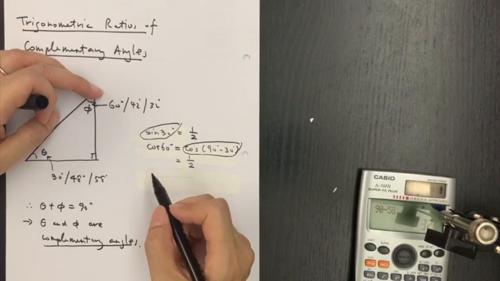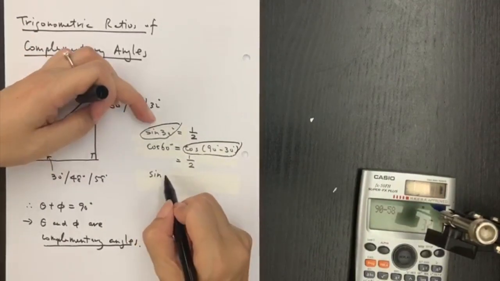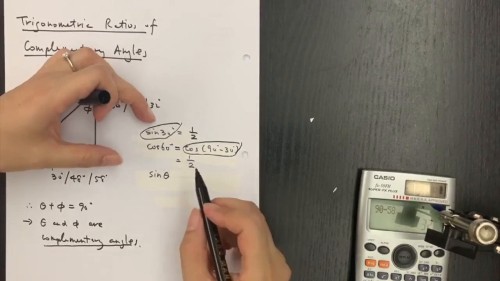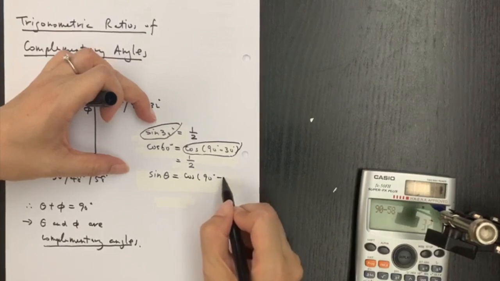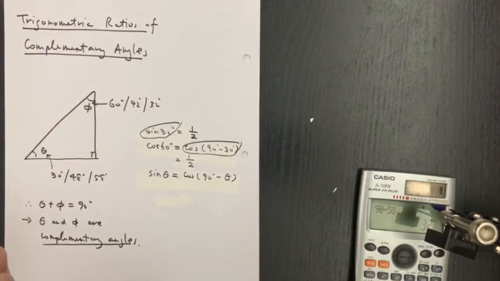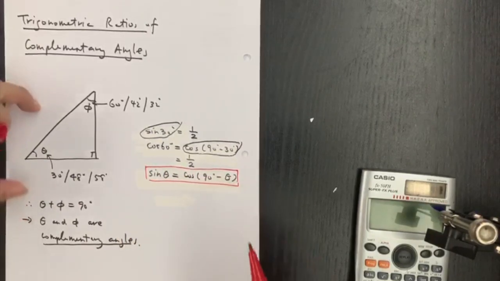So we have the first identity in today's topic. And then we can change 30 to any angle. Let's say sine theta is equal to cosine of 90 minus theta. Right, so this is the first identity we have in this topic.